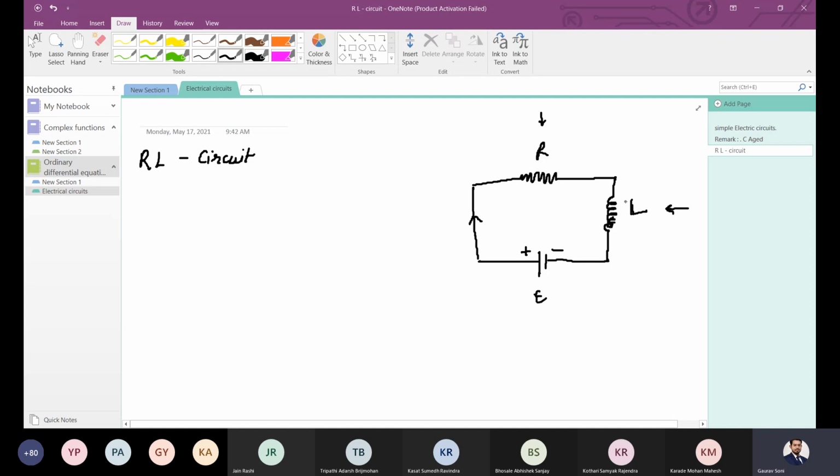So summation of both of these will be equal to the applied electromotive force. So now voltage drop across the resistance by Kirchhoff's law. What is the voltage drop across this R? It is IR, plus the voltage drop across the inductance is L into di by dt.